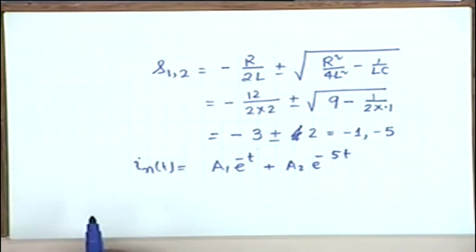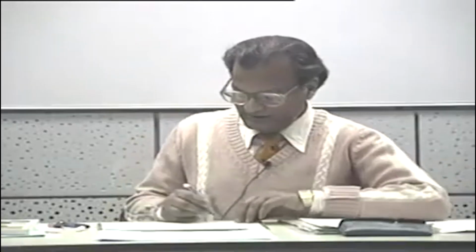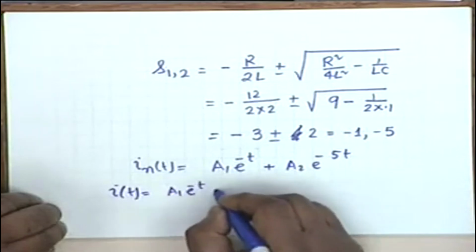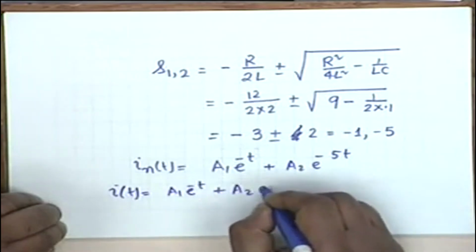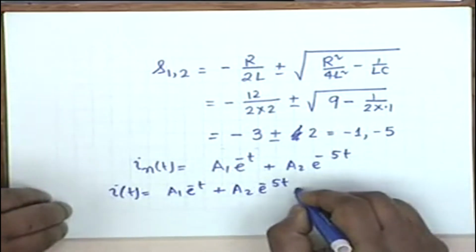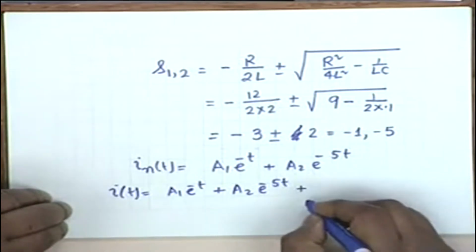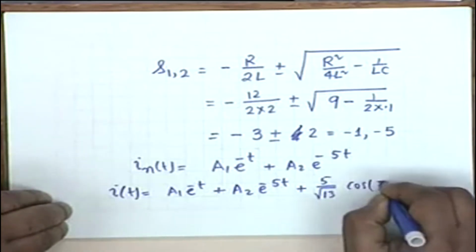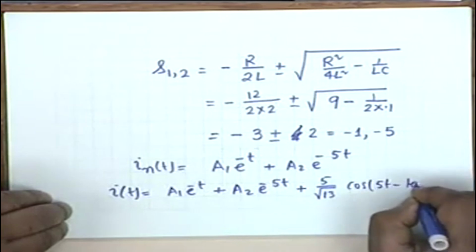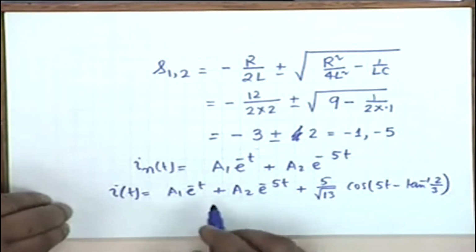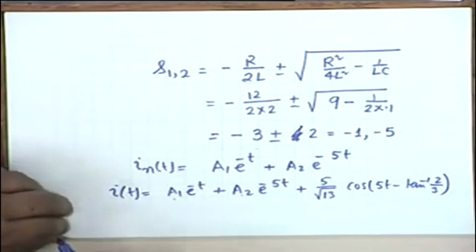Is it okay? Right. Therefore, my total current response I of t shall be A1 e to the minus t plus A2 e to the minus 5t, plus 5 by root 13 cosine of 5t minus tan inverse 2 by 3. The problem that remains is to find out A1 and A2.